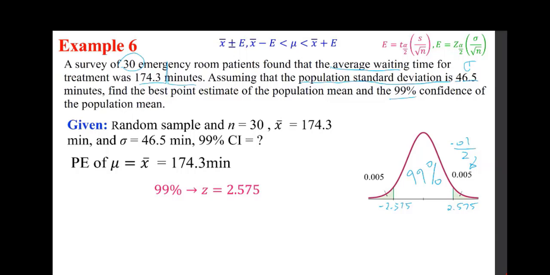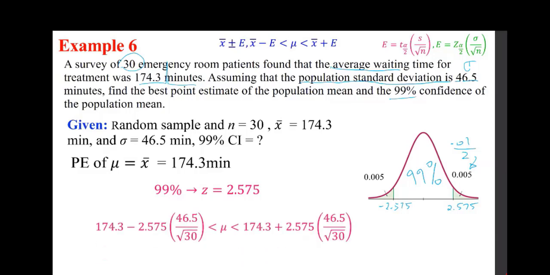So we can write it in this fashion, for example, or we can just calculate this part. All you have to do, calculate this part first, add it to x bar, which is 174.3, subtract it from x bar. So when we do that, subtract it and add it, it gives us the following.